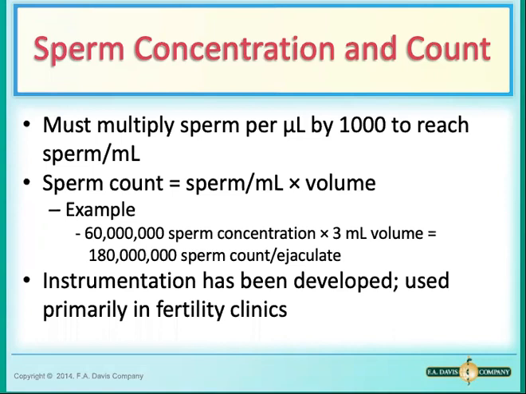Yes, so this is an example. If we were to use a 1 to 20 dilution of our sample, and an average of 60 sperm are counted in five counting squares on both sides of the hemocytometer, you then calculate the sperm concentration per milliliter and the total sperm count in a specimen with a volume of 4 ml.